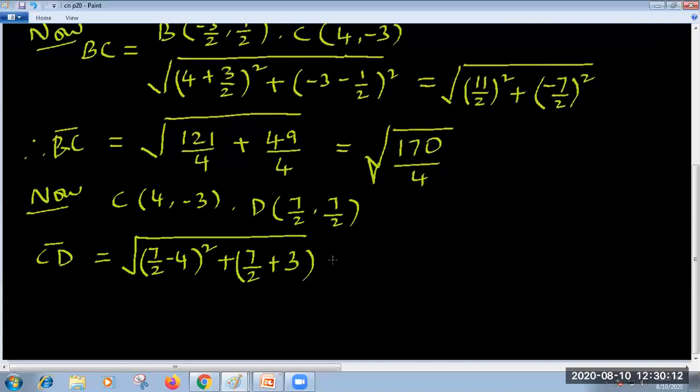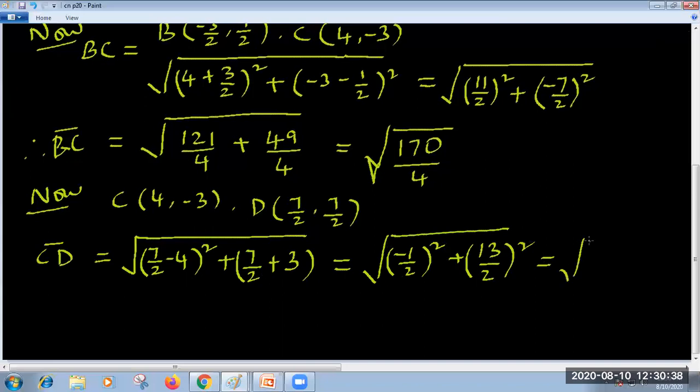Now 7 minus 8 is minus 1 by 2, and 7 plus 6 is 13 by 2, whole square, and that is equal to the square root of 1 by 4 plus 169 by 4.